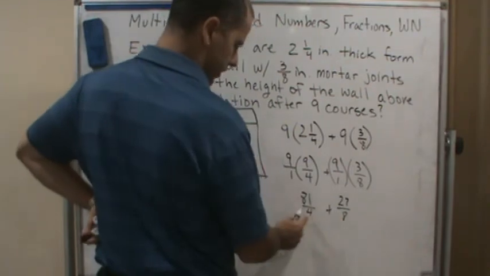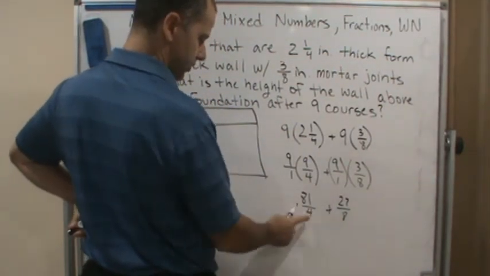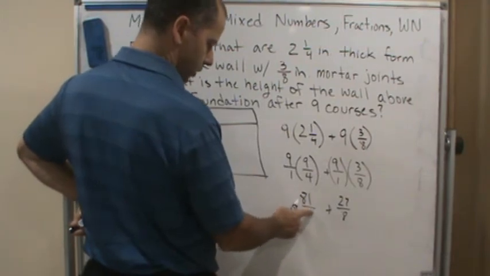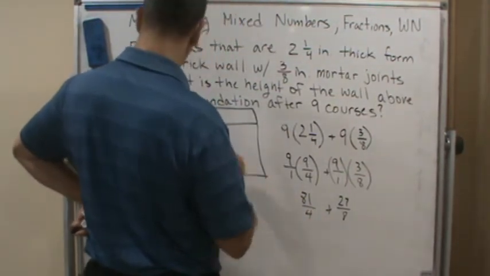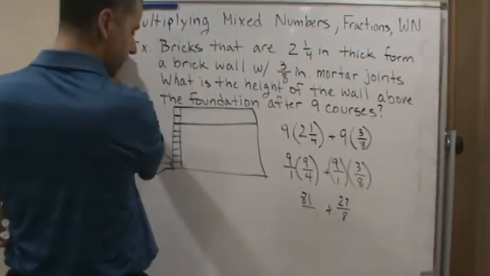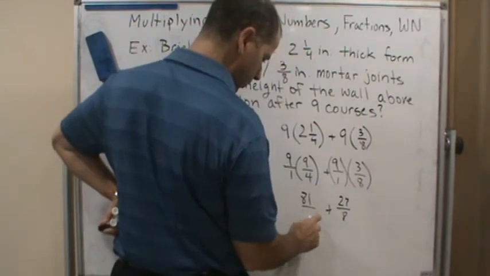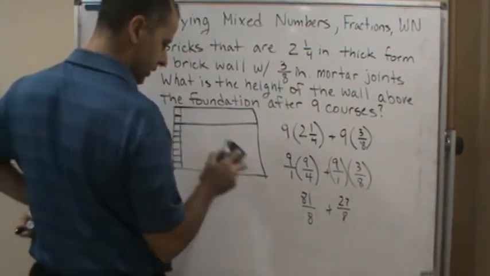So I'm going to change this to an 8 because that's the least common multiple here. So the least common denominator is going to be 8. So if I multiply 4 by 2, oops, I get 8. But I also have to multiply the top by 2 as well to get an equivalent fraction. And so this is going to be 162.